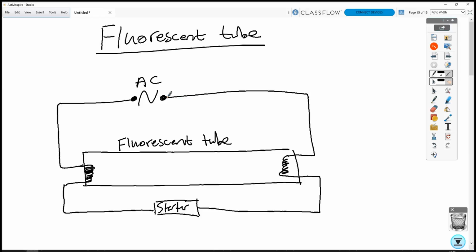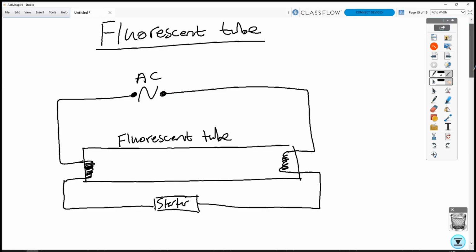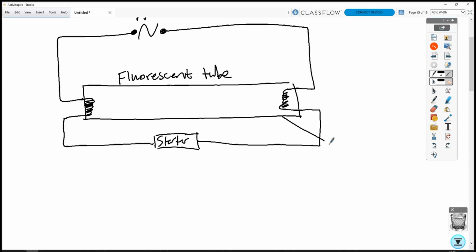It will act as a color filter instead. Actually, there is a coating on that glass, a phosphor coating. So here we'll label that up as phosphor coating. And I'll explain to you why that's important in a minute.